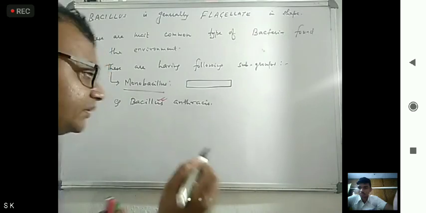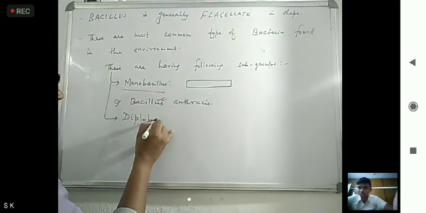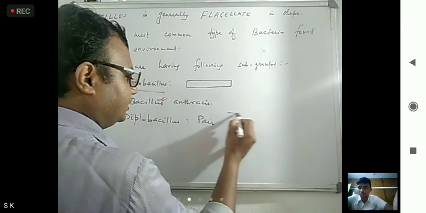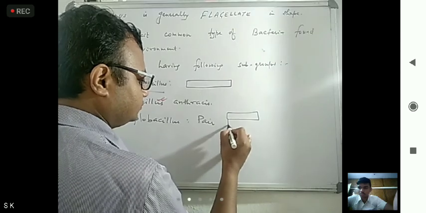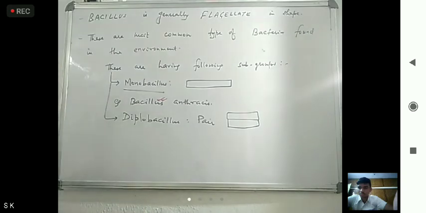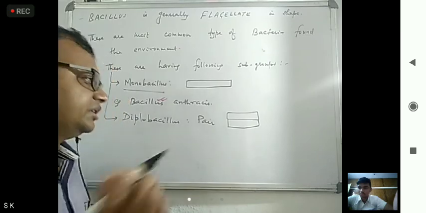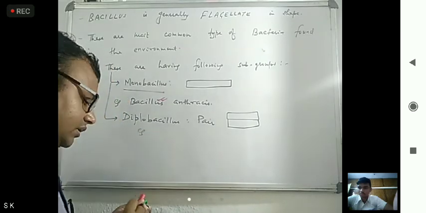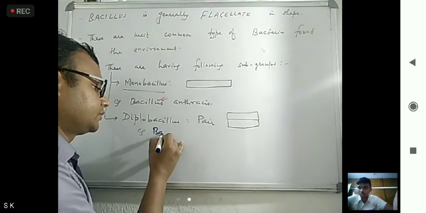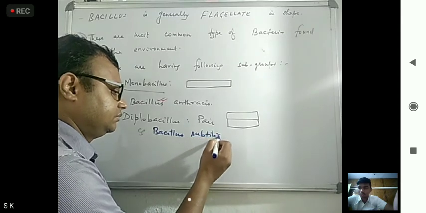Then if they are in pairs, it is diplobacillus. They are in pairs. An example is Bacillus subtilis.